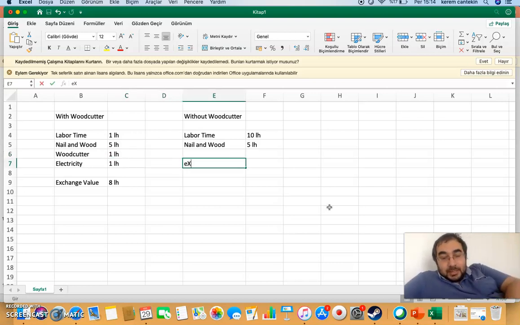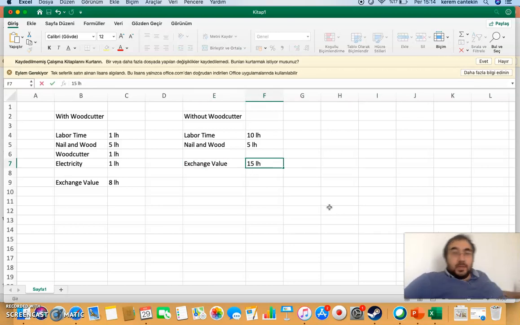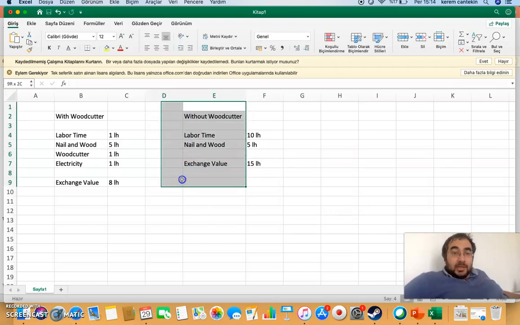In that case, exchange value is equal to 15 labor hours. We assume this economic system is isolated from the other system.